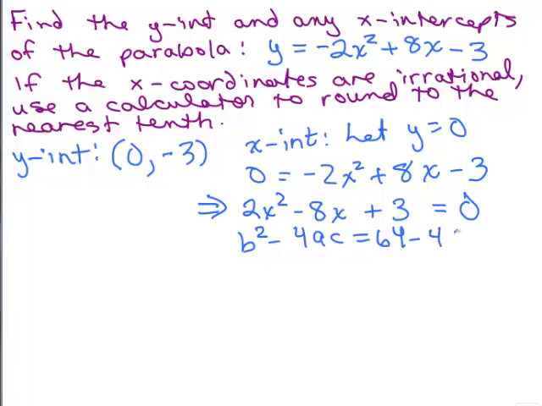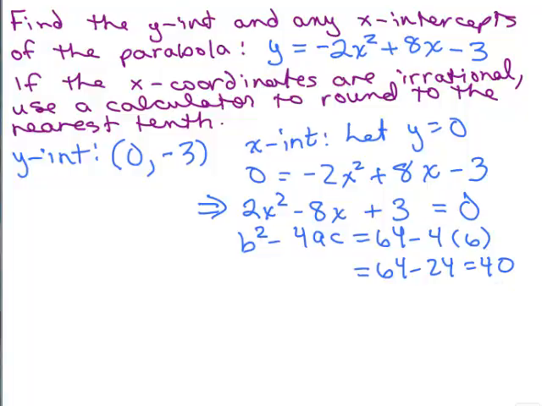Then 4 times ac, which is 2 times 3, which is 6, so 4 times 6 is 24. This gives me 64 minus 24, which is 40. By the way, you would get exactly the same discriminant of 40 if you had let a equal negative 2, b equal 8, and c equal negative 3. You can try that if you'd like.